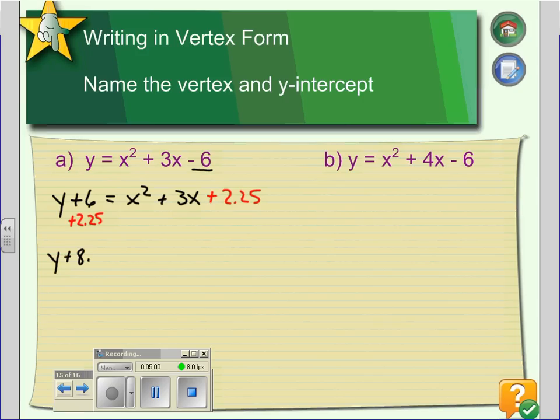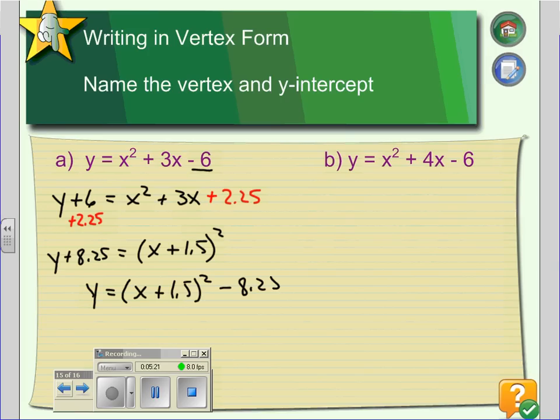6 plus 2.25 is 8.25. And factoring the trinomial, we would have x plus 1.5 squared, because 1.5 is half of 3. And finally, we subtract the 8.25, and we have our equation in vertex form.